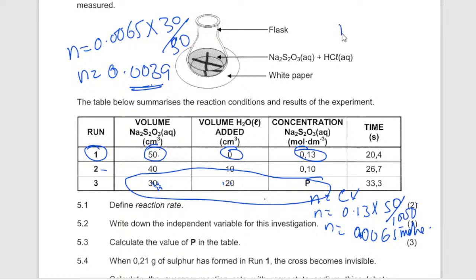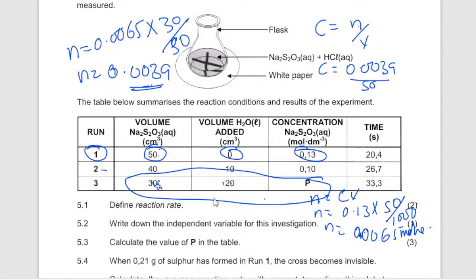So therefore the concentration is going to be equal to the number of moles divided by the volume. So the concentration is going to be equal to 0.0039, because these are the number of moles, divided by the total volume, which is 50.